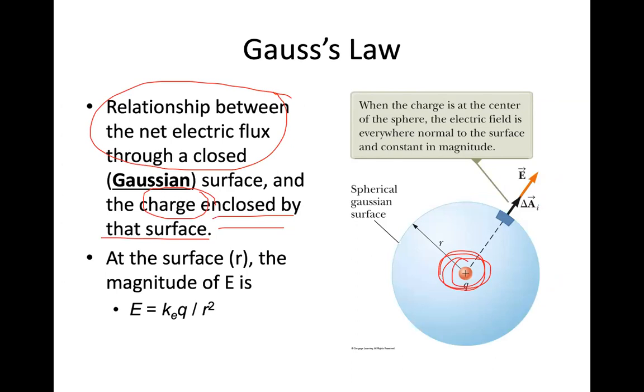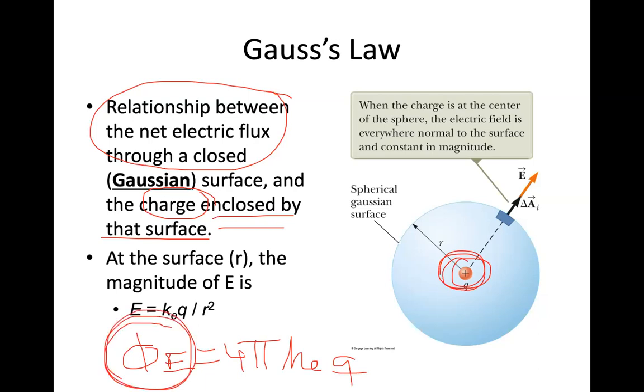We kind of already did that, right? We said, wait a second, I got this. The flux was 4 pi KEQ. We literally just did that. So I can now relate the flux to the charge inside my Gaussian surface.